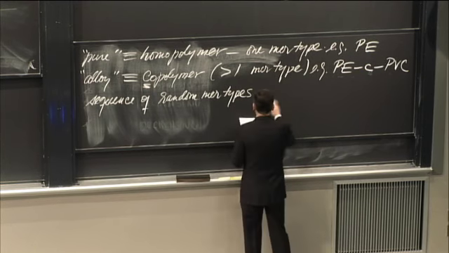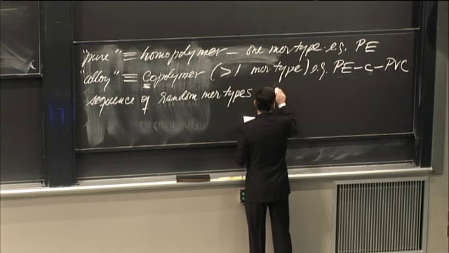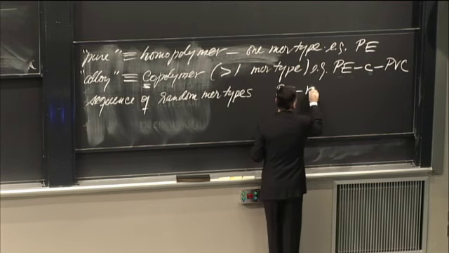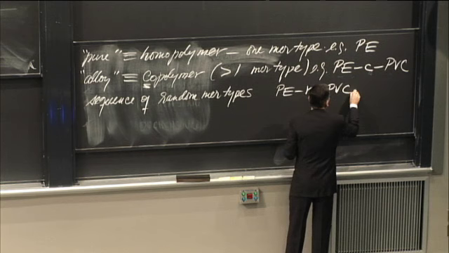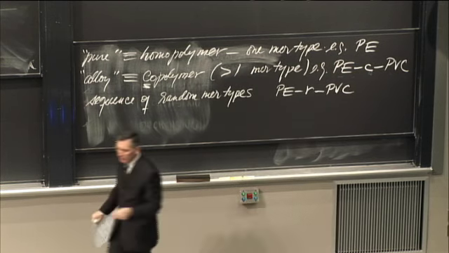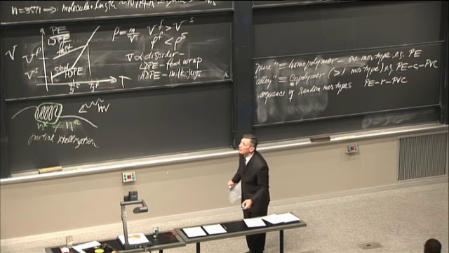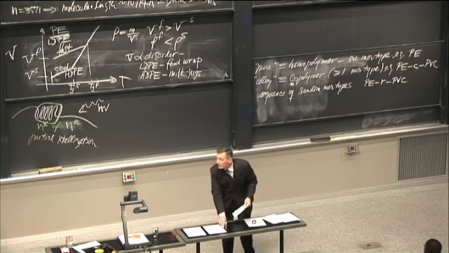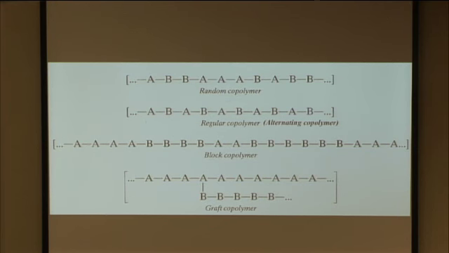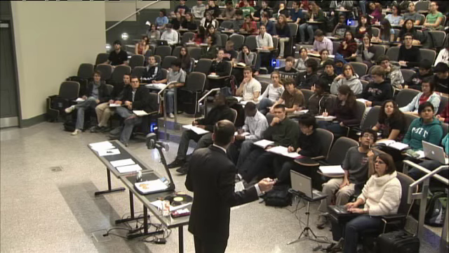So this is called a random copolymer, and it's designated polyethylene R polyvinyl chloride. And actually, I think I've got a cartoon showing this. Yeah. So A and B are different mer types. And so a random copolymer just has A, B, B, A, B, A, whatever. And this is controlled in the synthesis process.